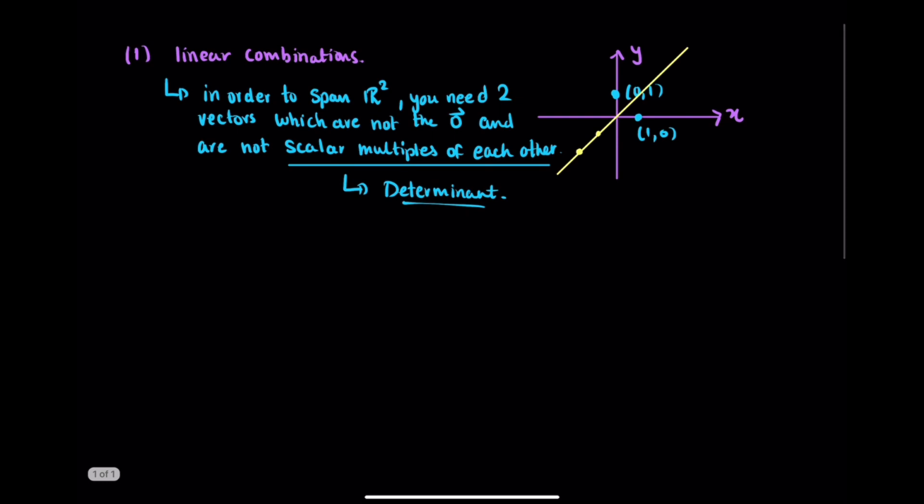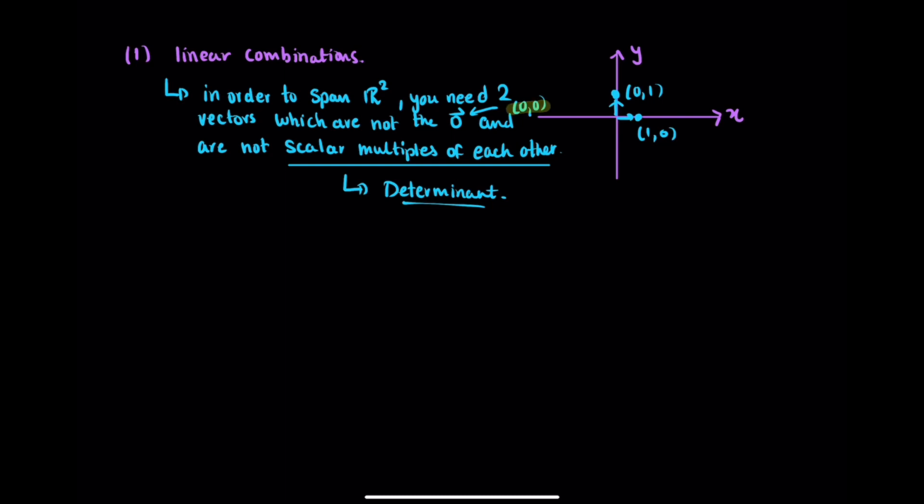However, because these two vectors are not scalar multiples of each other and are not the zero vector, and the zero vector is just (0, 0), that's just a fancy way of writing (0, 0). Maybe I'll highlight that.